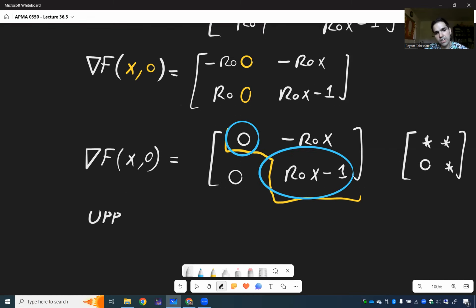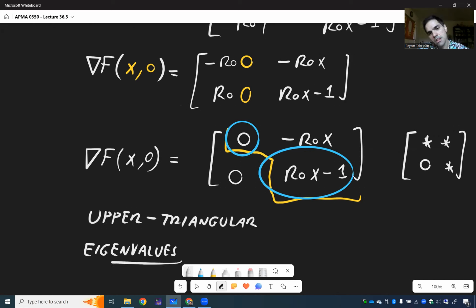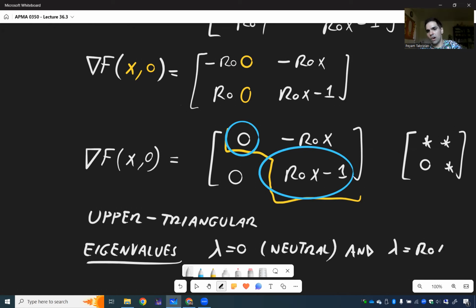So upper triangular. So here, the eigenvalues are lambda equals 0, that's sort of neutral, and lambda equals R0X minus 1.